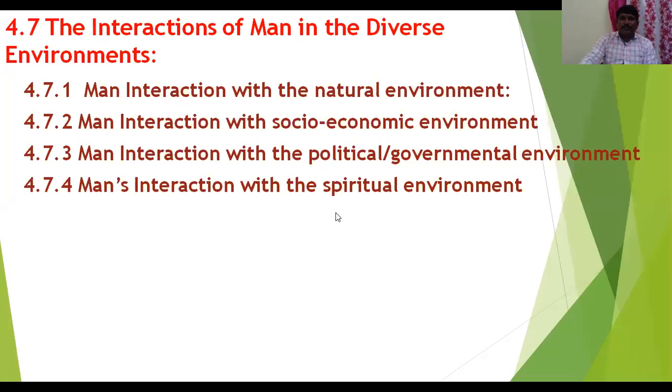Next, man's interaction with the spiritual environment. These interactions involving the spiritual environment are made possible by the spirit which man acquires right at the time of his evolution. It is said that man has grown within the process of his organic evolution.